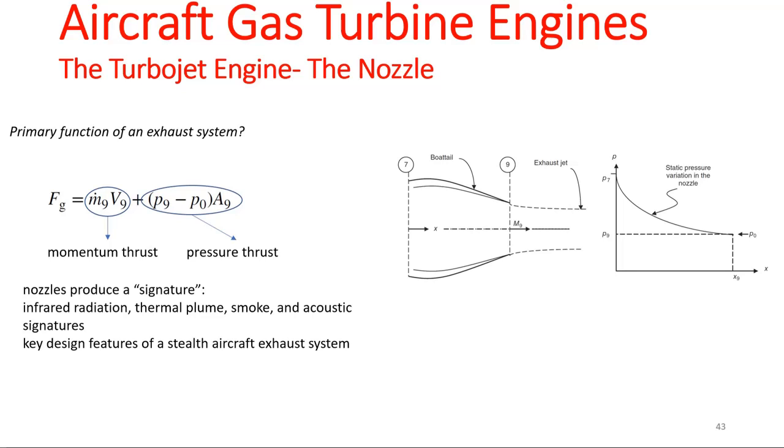What is the effect of a diffuser on the pressure this time? Let's talk about pressure. We talked about velocity. A nozzle accelerates the flow, so higher velocity, right? A diffuser decelerates the flow. What will happen to pressure in a diffuser and in a nozzle? Or what kind of pressure gradients will you get in a diffuser?